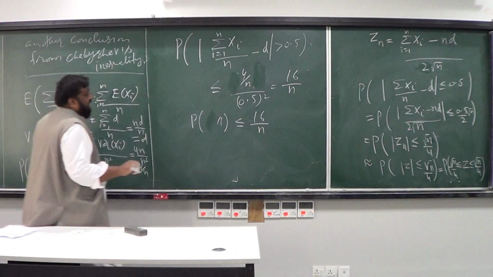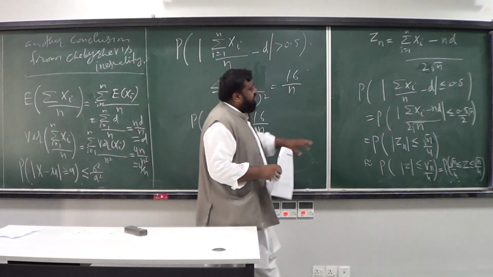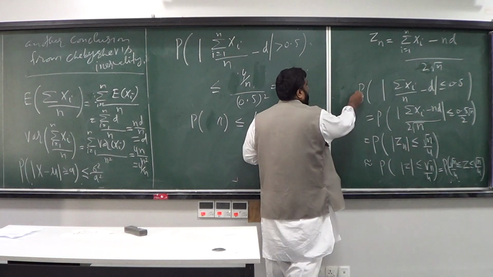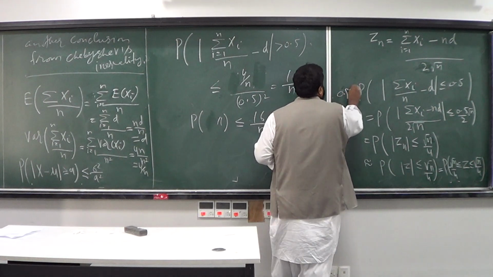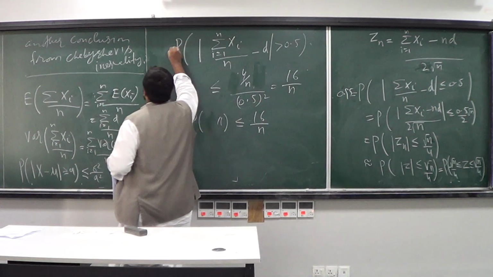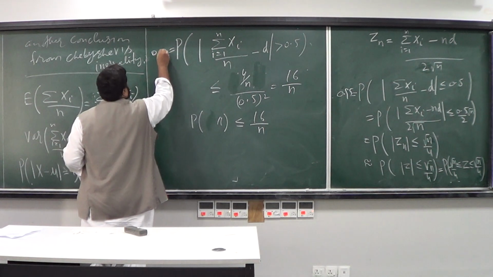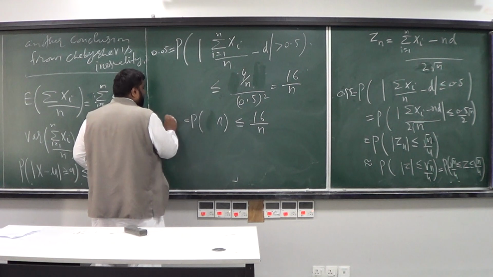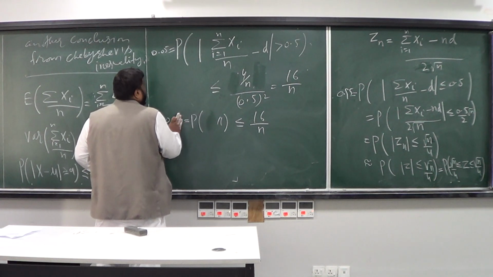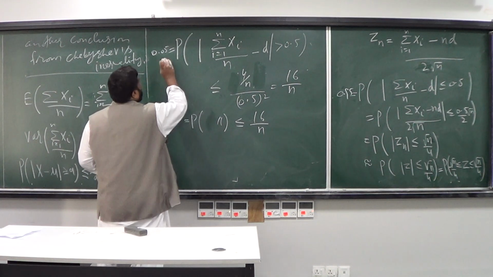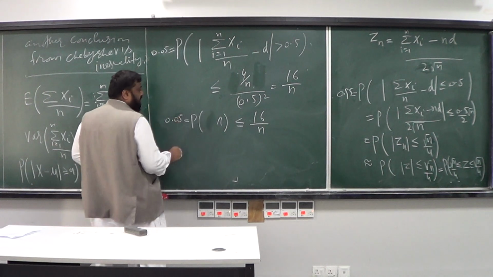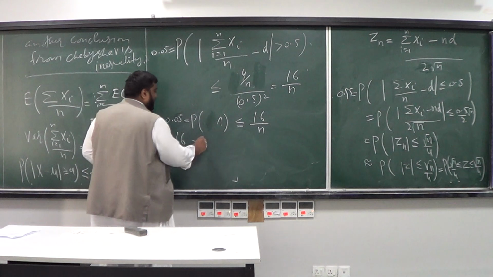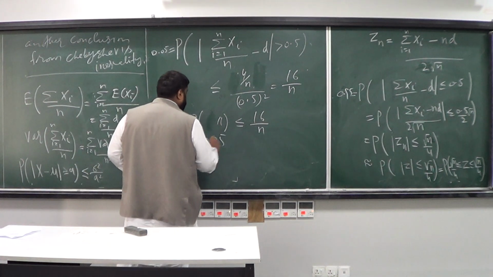But if the confidence should be 0.95, then this probability should be 0.05. So in other words, 16 by n must be equal to 0.05.